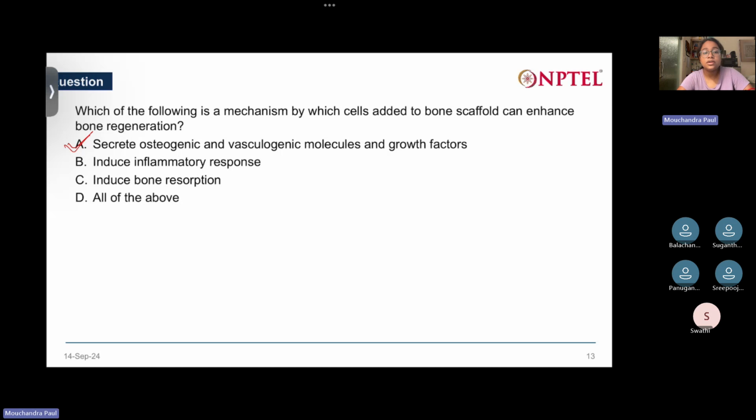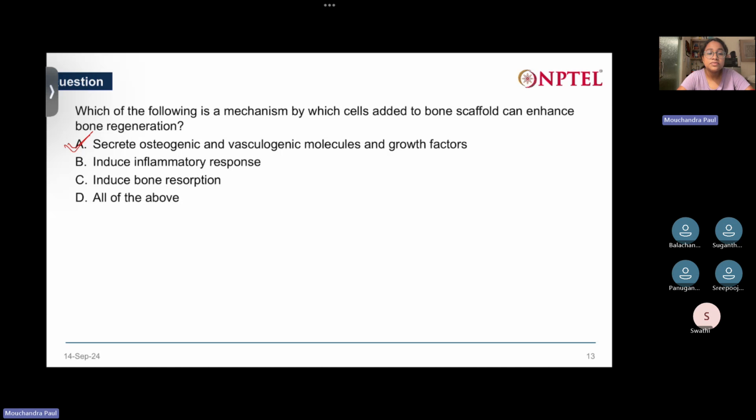What is not required is for the cells to induce an inflammatory response. So we can use immune privileged cell types for this application, or we can use autologous cells, to prevent inflammatory response.